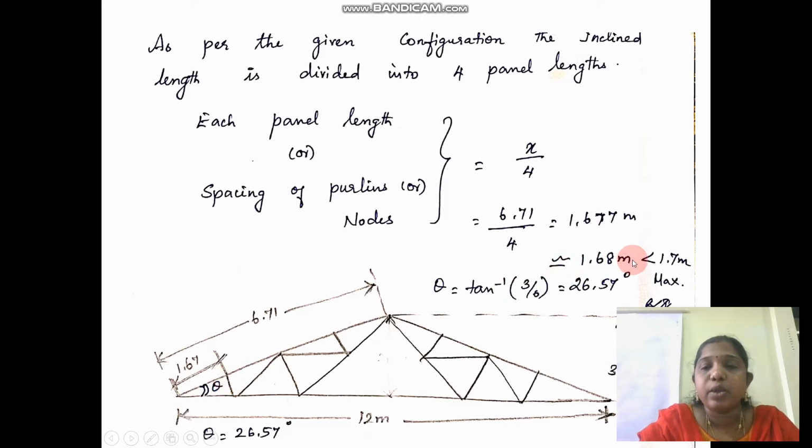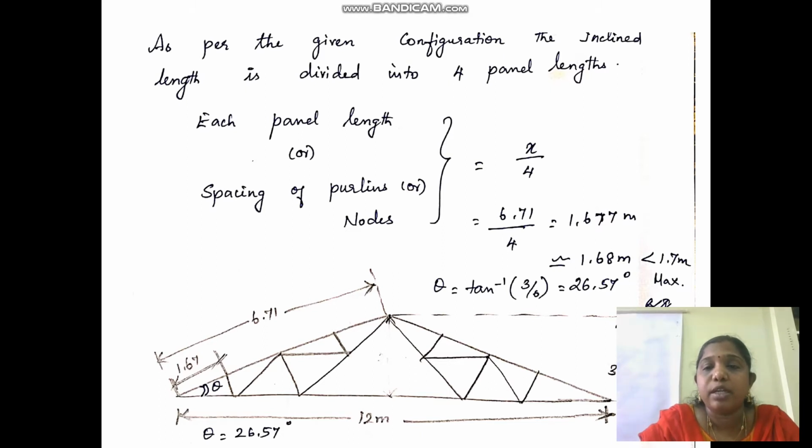Why am I checking with 1.7 meters? This is the maximum spacing of purlins, which depends on the length of the sheeting. GI sheet has a maximum length of 2 meters available. So 150 mm on either side is for nailing the nails or screws in the purlins, or in other words, it is the bearing length.